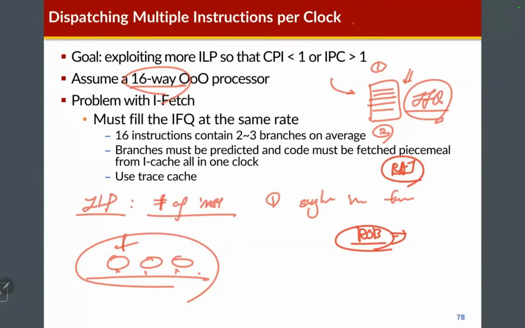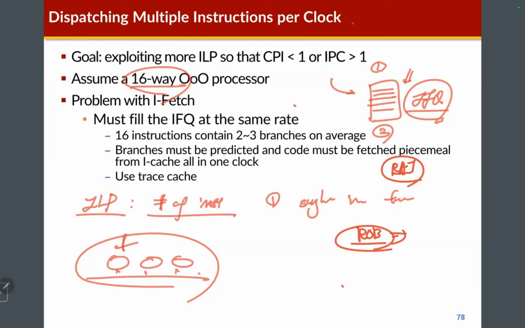So the superscalar idea is very simple, but in order to support it, our hardware like the register alias table, the physical registers, and the ROB need to support multiple instructions. So it means higher bandwidth.